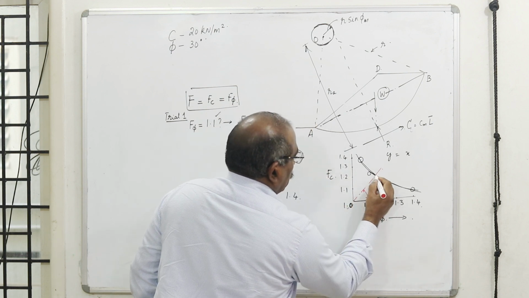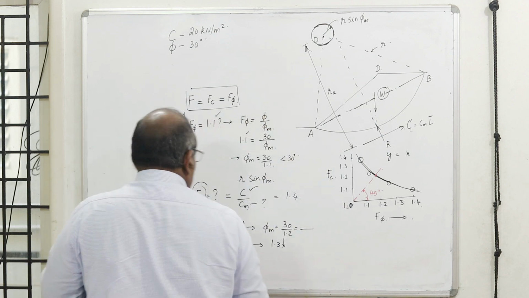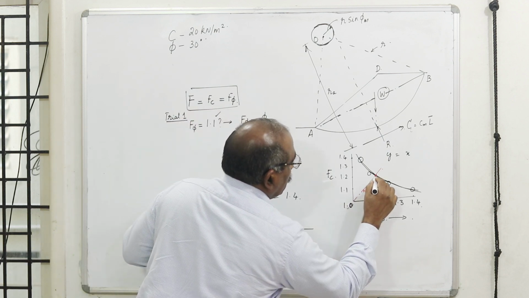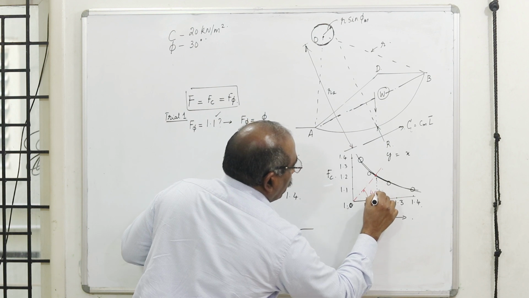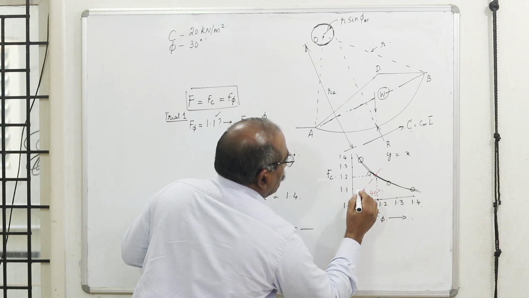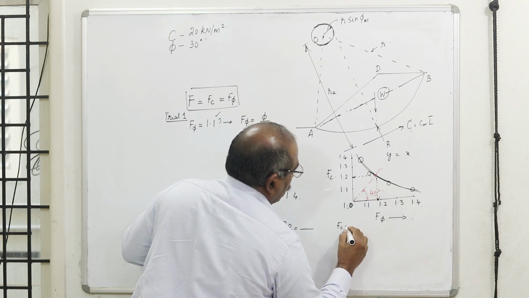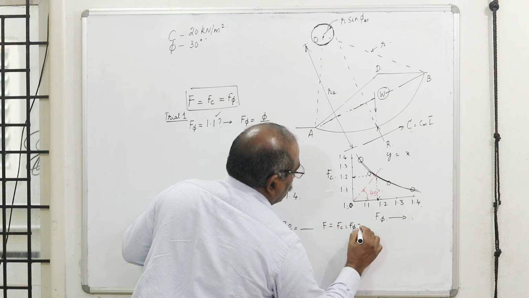Wherever it intersects the curve, I draw a vertical. I get a factor of safety. Now this value is Fc equal to Fφ, F approximately 1.2.